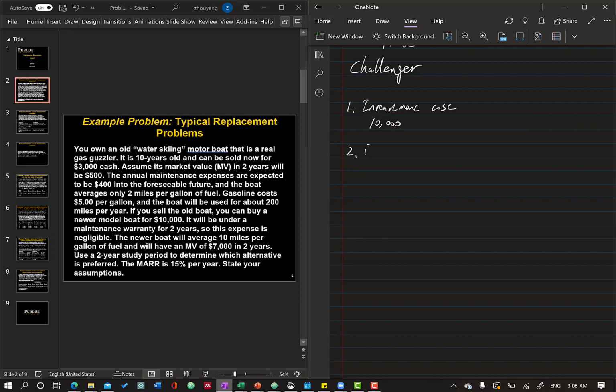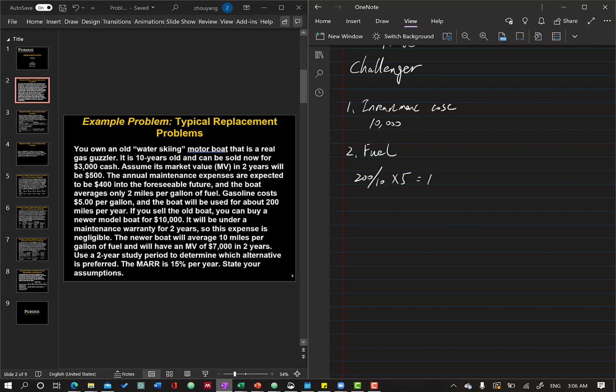We have the fuel, and that would be 200 miles, divided by 10, then we get 20 gallons per year times the price, which is 5.